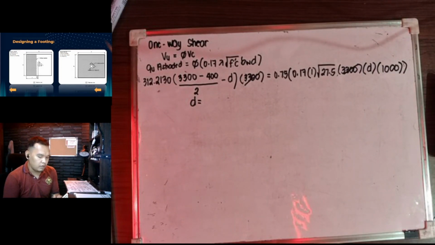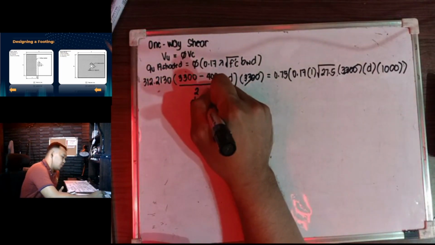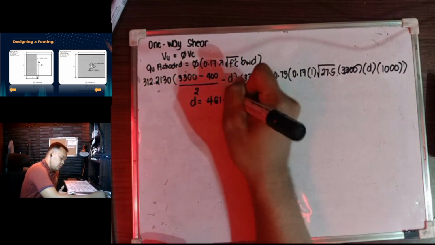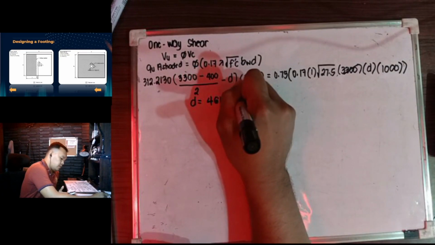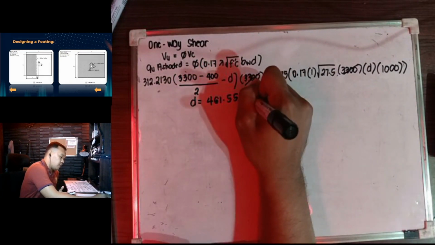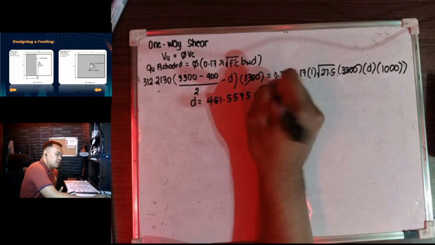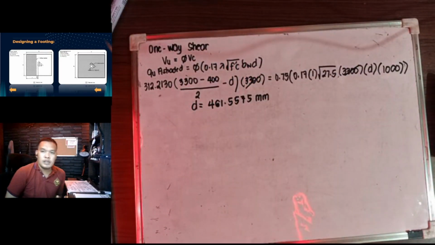Equals 0.75 times 0.17 times the lambda 1, the square root of 27.5 times 27.5 times 1,000d. So, we could say that the d is equivalent kay 461.5575 mm. So, yan po yung d ng one way.